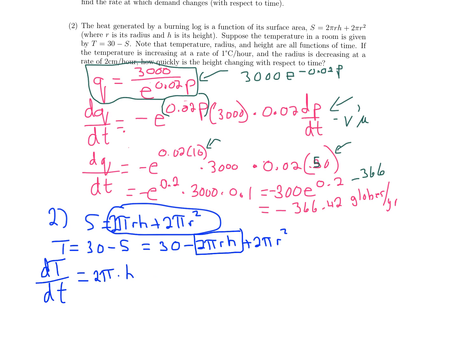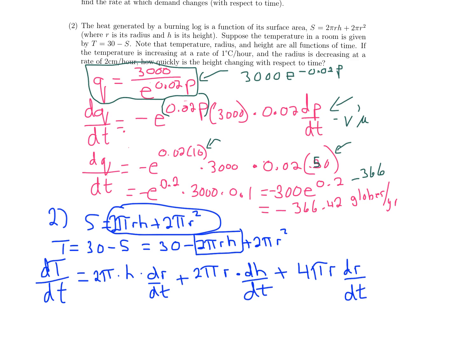Oh, that was the derivative of r, wasn't it? So that's times dr/dt, plus 2 pi r times dh/dt plus 4 pi r dr/dt. That looks complicated, but it's not, because we have dr/dt, we have dT/dt, and we're only being asked for dh/dt. So in the next step, we're just going to fill everything in.